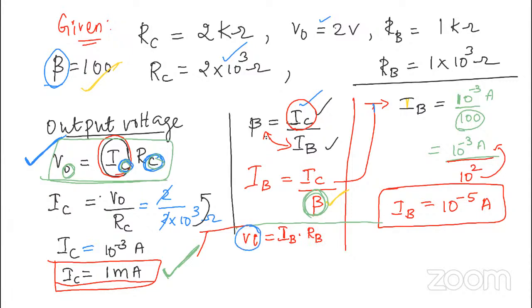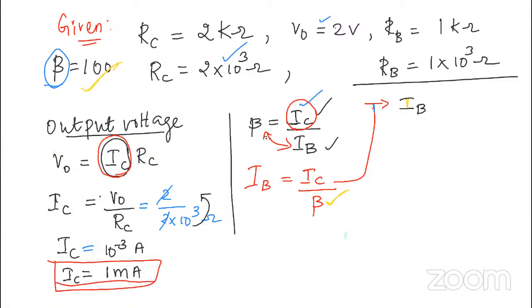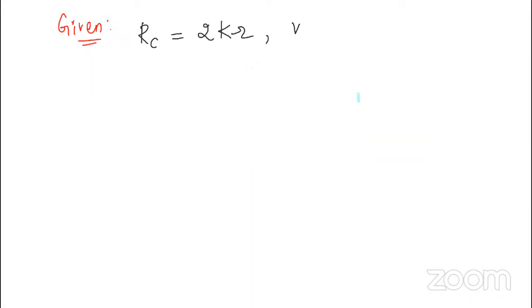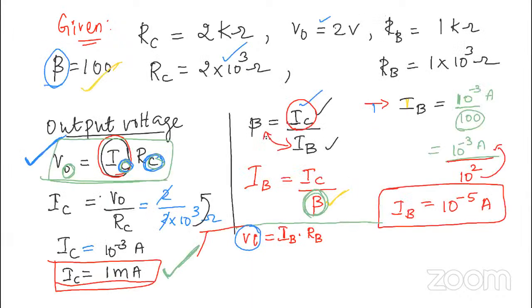தட் இஸ் VI தான் நம்மளுக்கு தேவை. ப்ராப்ளம்ல அந்த வேல்யூஸ் தான் கேட்டிருக்காங்க. ஓகே, சோ இப்ப டைரக்டா சப்ஸ்டிட்யூட் பண்ணலாம். ஓகே, IB யோட வேல்யூஸ் என்ன, அதுதான் நம்ம இங்க ஃபைண்ட் பண்ணிருக்கோமே. சோ IB யோட வேல்யூஸ் இங்க இருந்து எழுதுறோம். ஓகே, 10 power of minus 5.